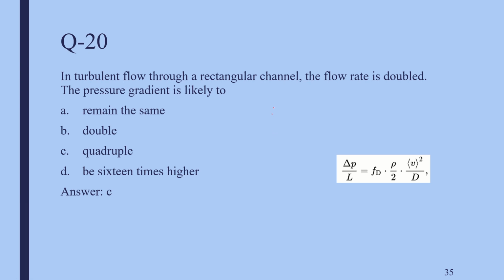So here Q1 is there and Q2 is 2 times Q1. Q by A gives velocity, right?